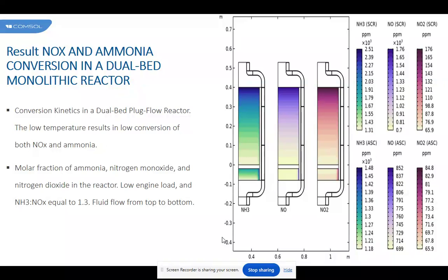Another idea that has been proposed is to use composite monoliths composed of rings of various cell densities to improve the light-off performance. The effect of such a design was briefly explored, and it was shown that combining 400 and 900 CPSI cell density substrates reduced the light-off performance compared to the use of a single cell density.